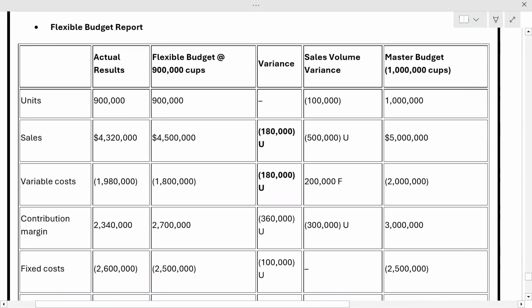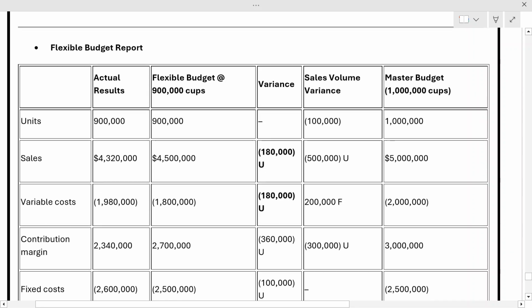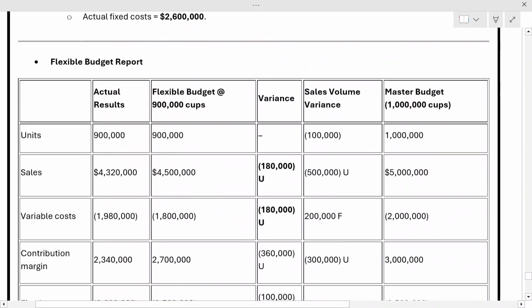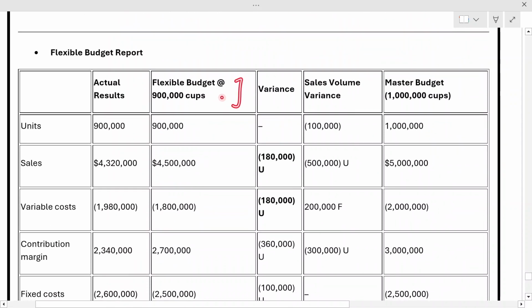Now, in reality you know that the variable cost that will be incurred is $2.2 on these 900,000 cups, right. So, we need to prepare a flexible budget for that.